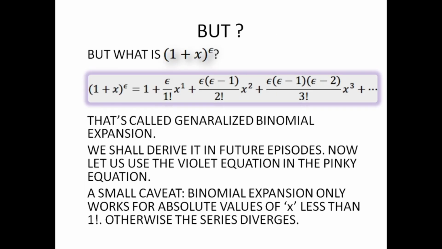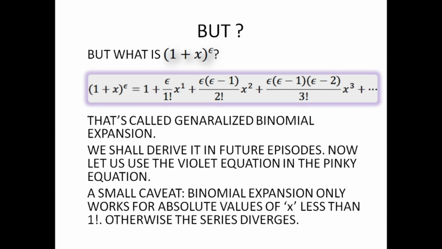Okay. Now we can expand (1 plus x) power epsilon for absolute value of x less than or equal to 1 using the thing called generalized binomial expansion discovered by Isaac Newton, the great Sir Isaac Newton. So we are going to use it right now.